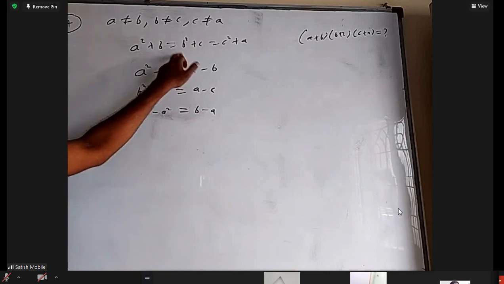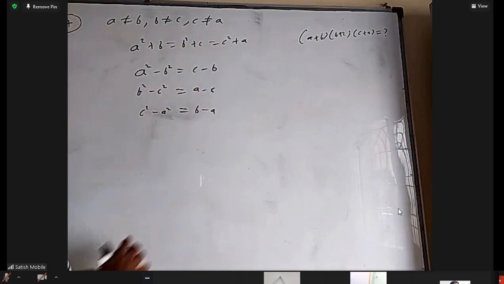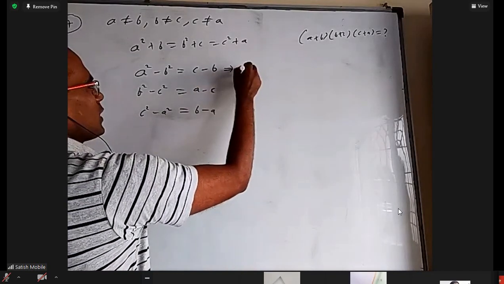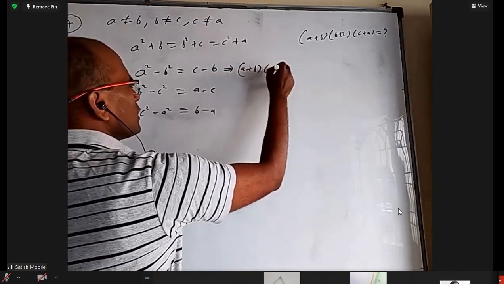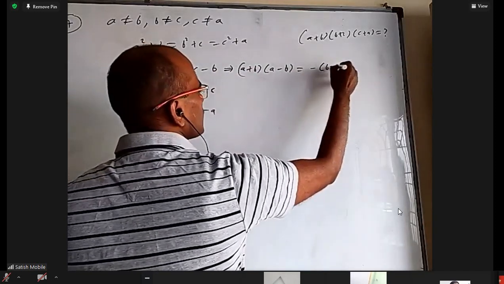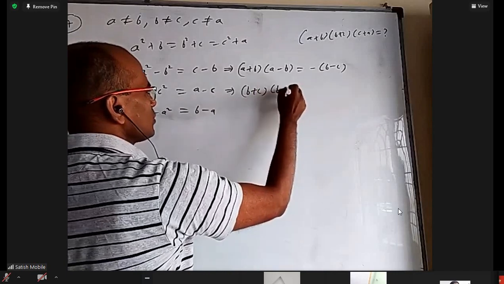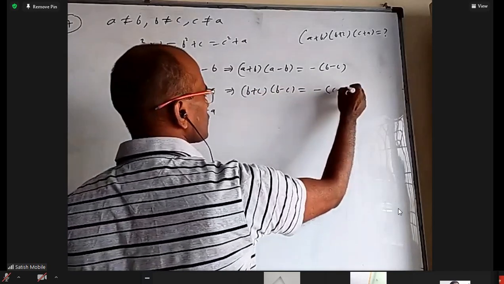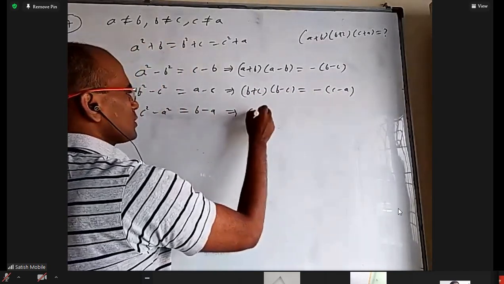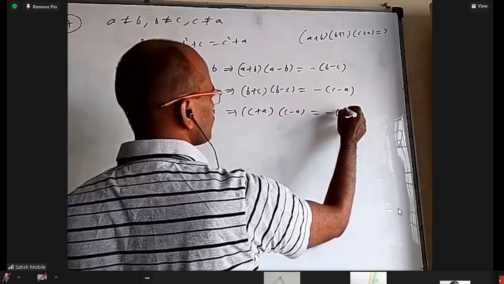Okay, I equated these two and rearranged them, equated these two and rearranged them, equated these two and rearranged. This can be written as (a plus b) into (a minus b) is equal to minus of (b minus c). This can be written as (b plus c) into (b minus c) equal to minus of (c minus a). (c plus a) into (c minus a) equal to minus of (a minus b).